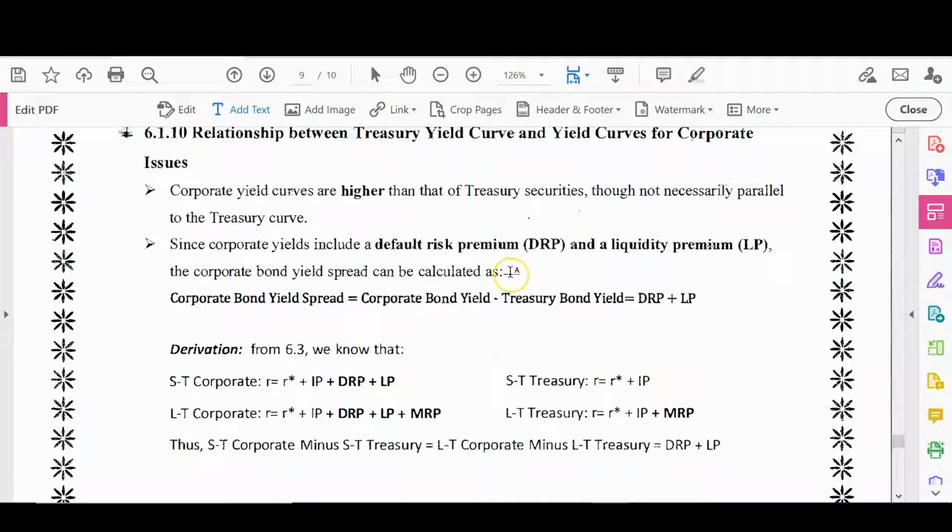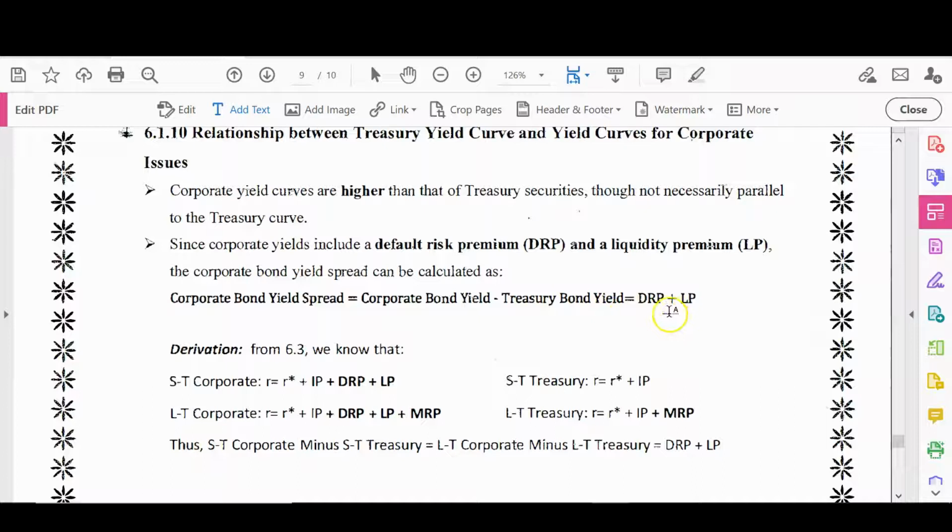We define corporate bond yield spread as corporate bond yield minus treasury bond yield. So it's the difference between a corporate bond interest rate and a treasury bond interest rate.